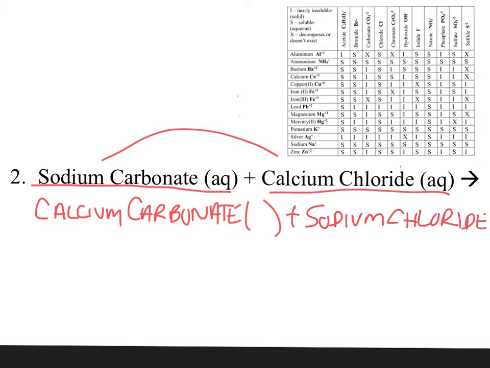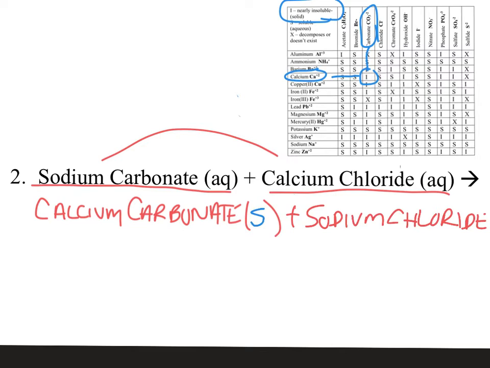All right, now that I have those, let's take a look and see from the chart if either one is going to make a solid compound. So I've got calcium coming together with carbonate. When those come together, it looks like the letter I, and I stands for insoluble, which means it won't dissolve, which means it'll form a solid.